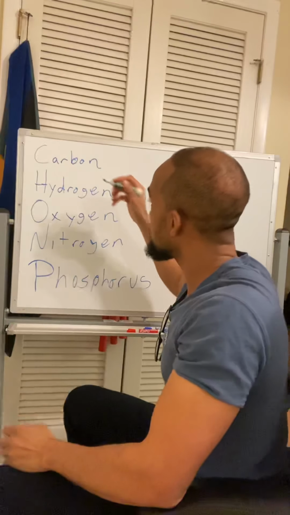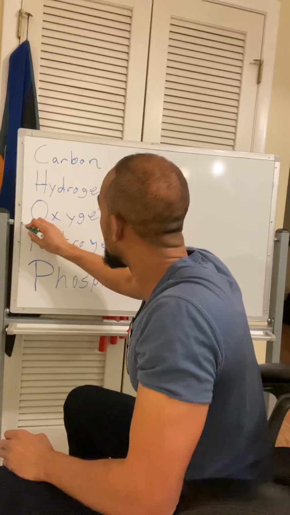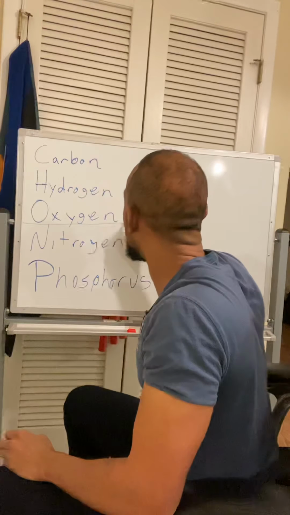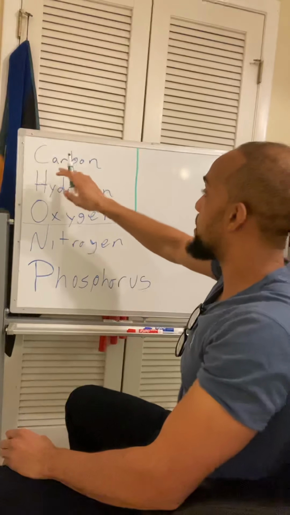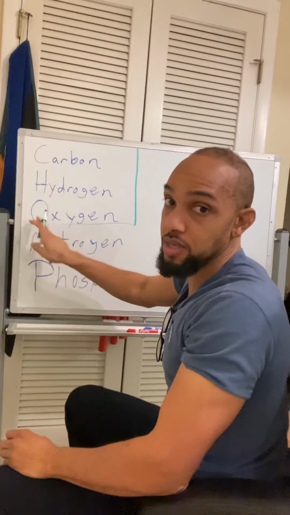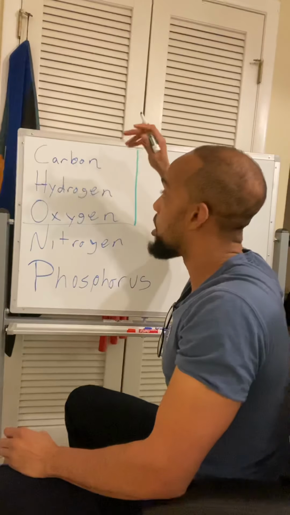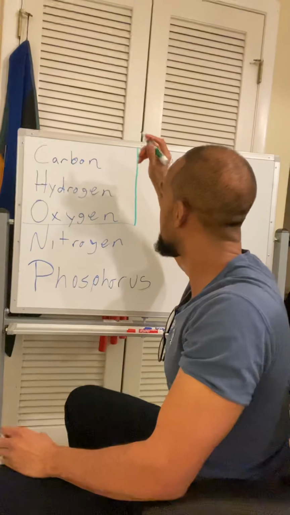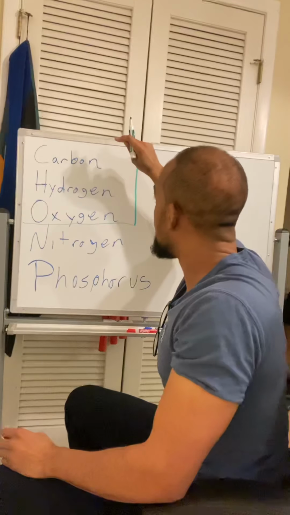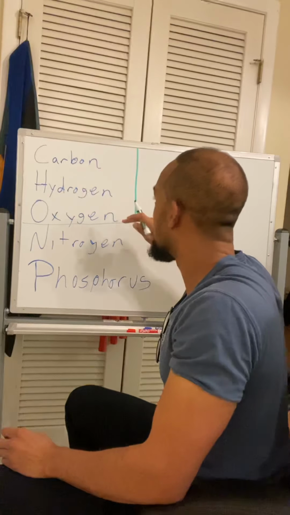So this first group right here, or the first three rather, carbon, hydrogen, and oxygen. Now, keep in mind, these are elements. And if you go back and watch the other video, elements are a group of atoms of the same kind. So you have the elements carbon, hydrogen, and oxygen.